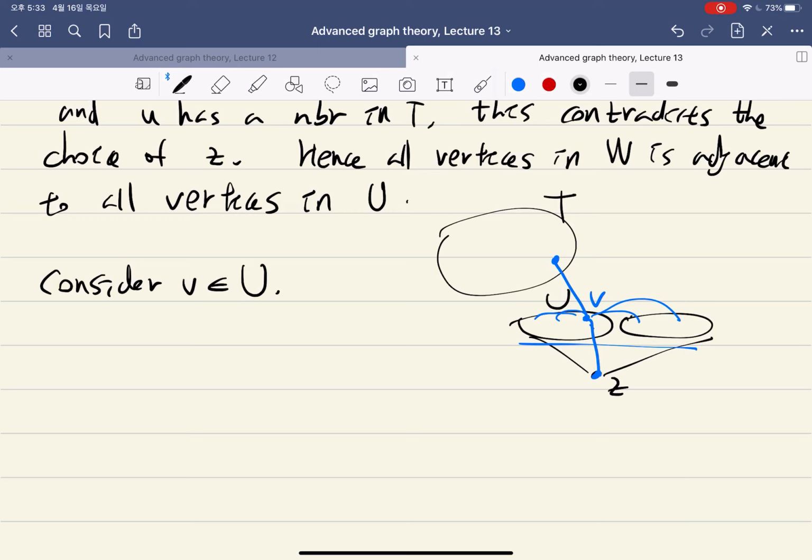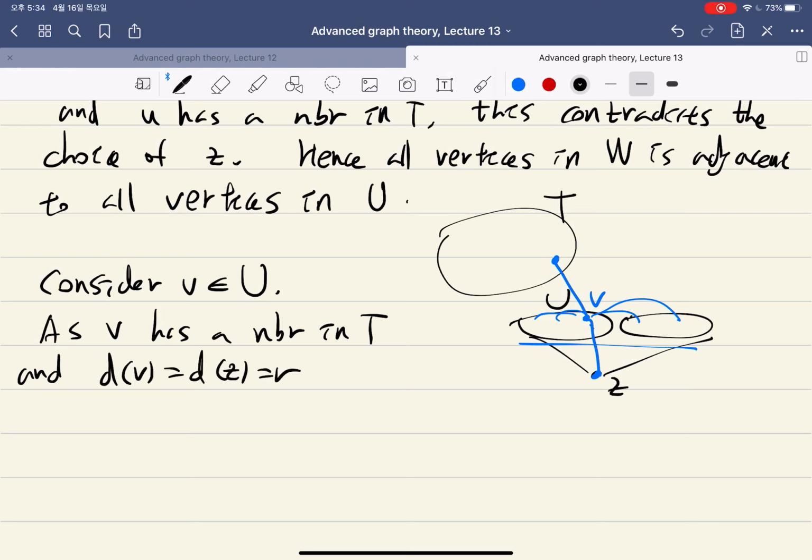So that means, as B has a neighbor in T, and the degree of B and degree of G are both R, we know that this doesn't happen.